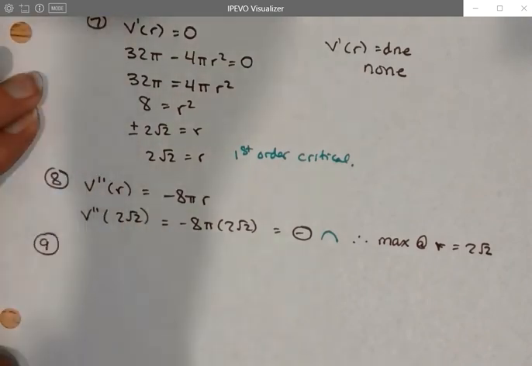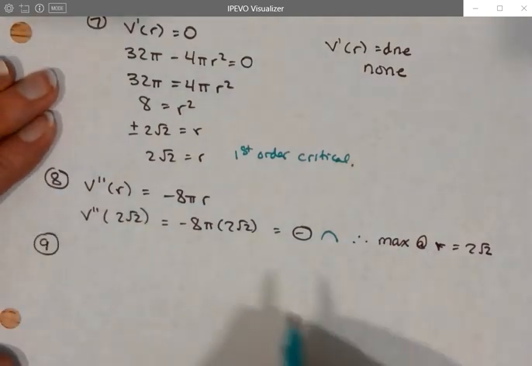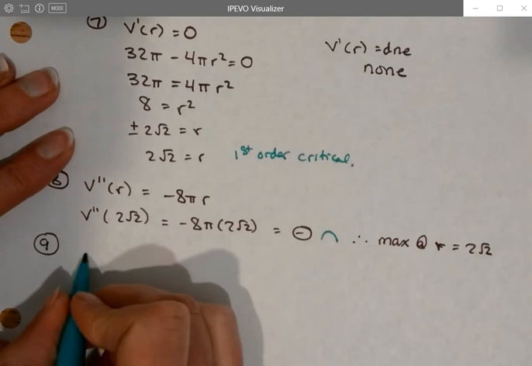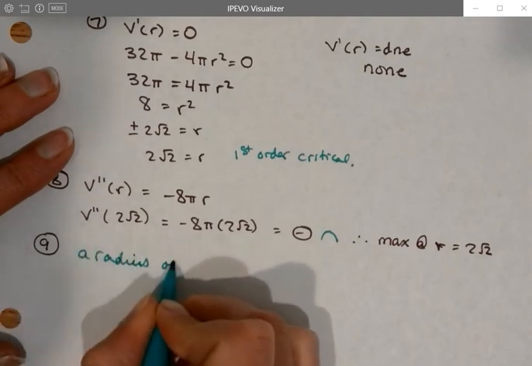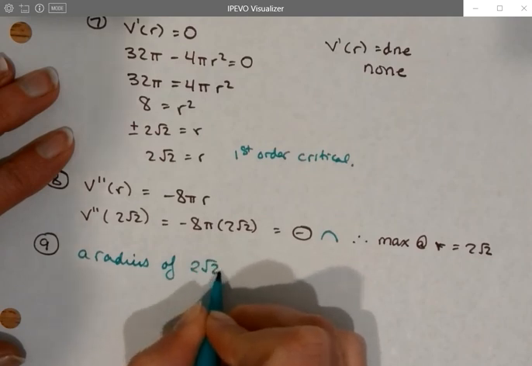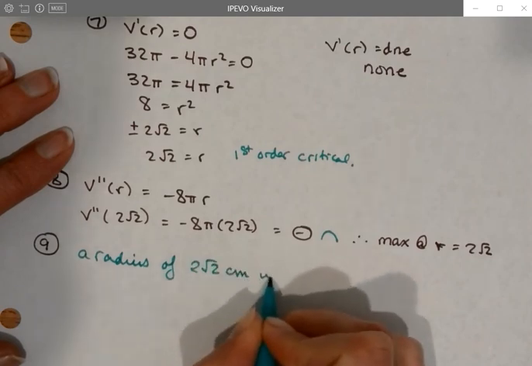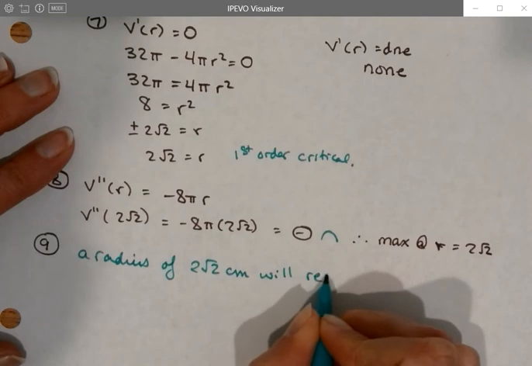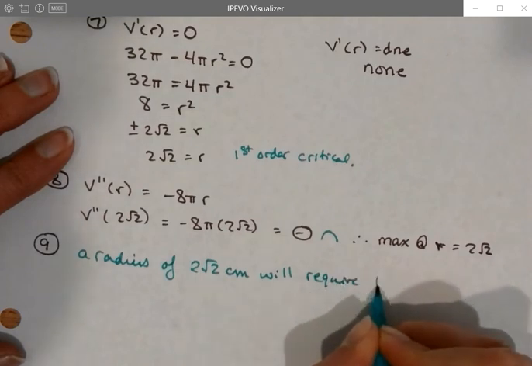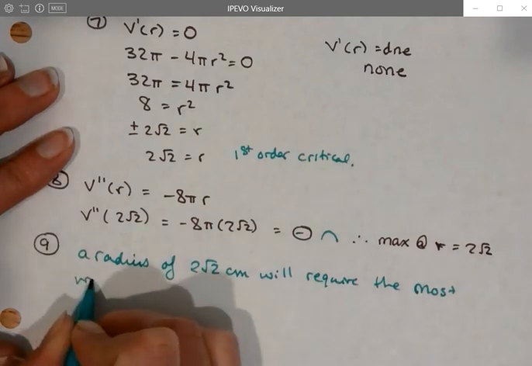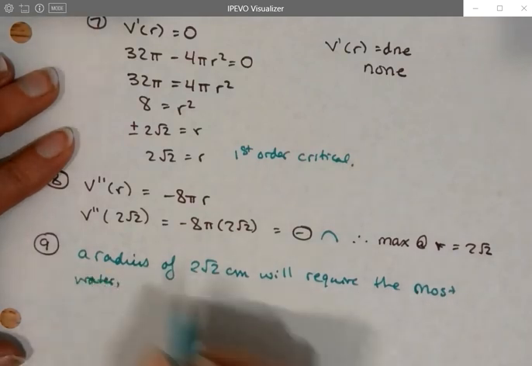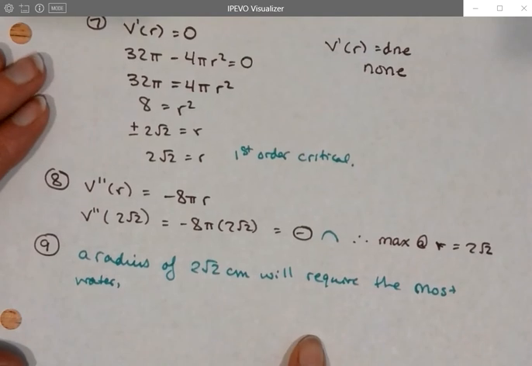All right, so in step 9, we have that a radius of 2 square root of 2 centimeters will require the most water. And then let's tell how much water it actually is.